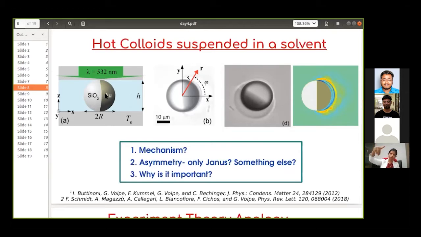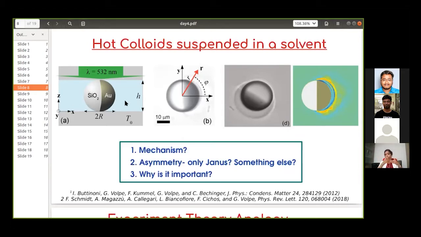Now you shine a laser on top of this system, from the top. And you choose the wavelength of this laser in such a way that the right part of this colloid, which is called the cap, absorbs the light. But the left hemisphere of the colloid and the fluid don't absorb the light. Why don't they?